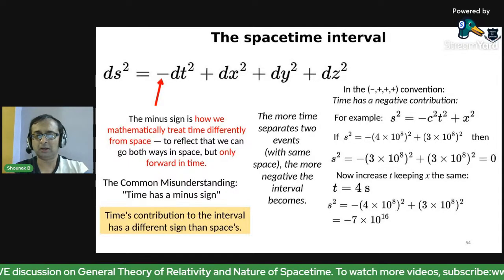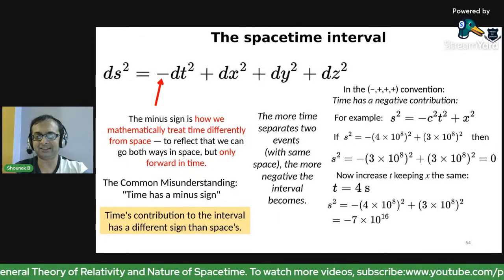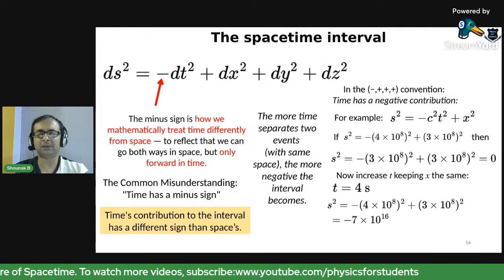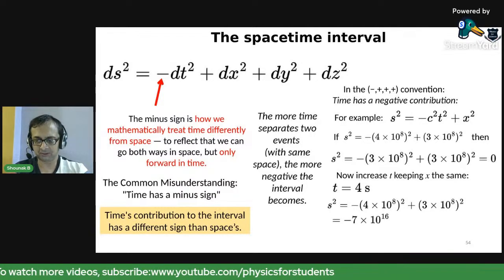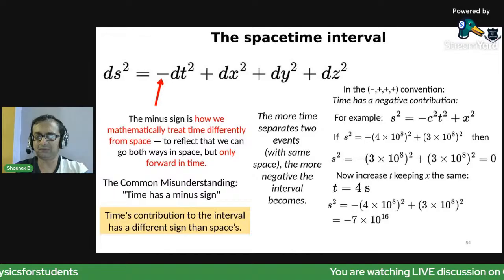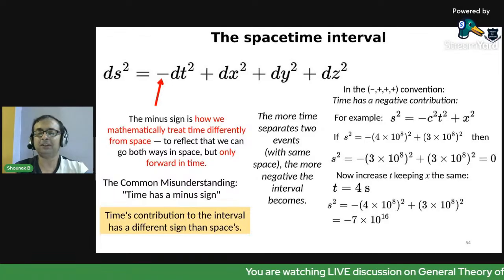Okay, if you see, for example, on the right hand side, please concentrate there, we have taken a minus plus plus plus convention. Now if, for example, I take the speed of light, then we take s square equal to 0.